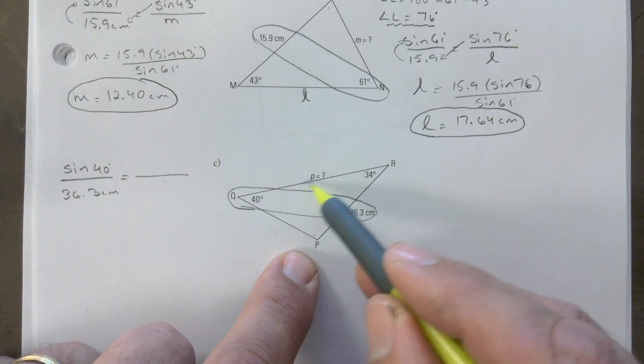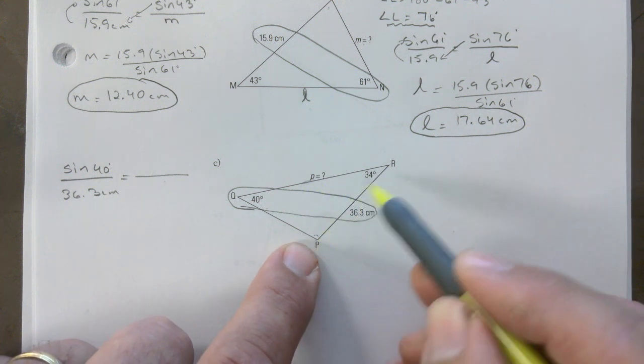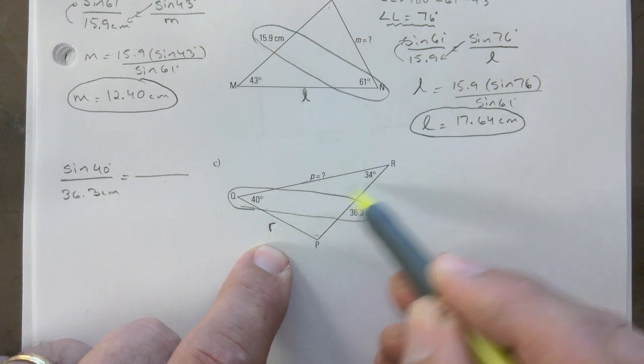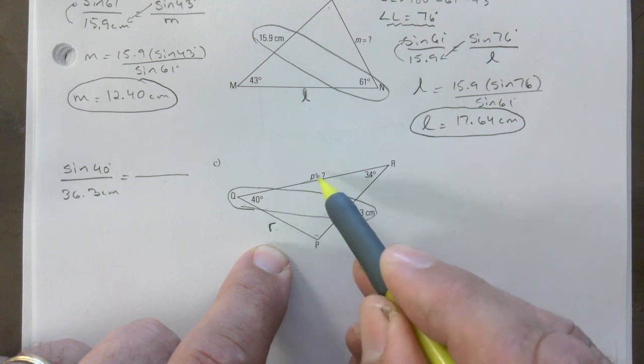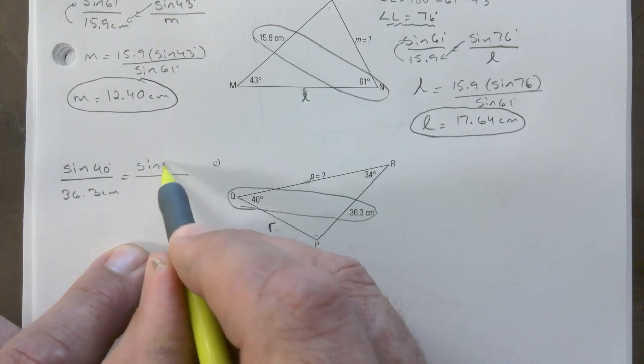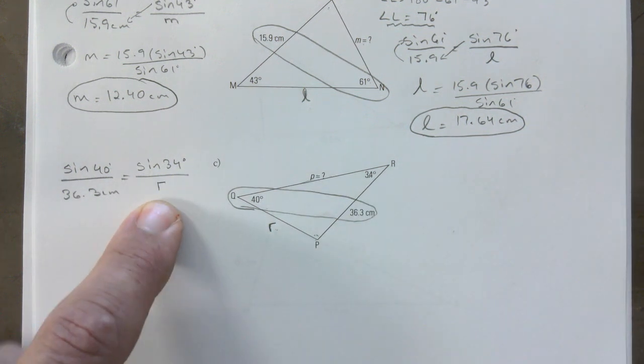I cannot find the side because I don't have this angle. So you kind of have to put this on hold and find r first. Right? We're going to find this first, and then we're going to worry about this one. So sine of 34 will give you lowercase r.